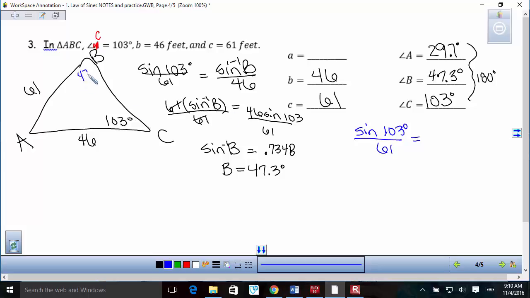Angle B is 47.3. Angle A is 29.7. Which side am I looking for? A. So I have to use angle A on top. Sine 29.7 over little a.